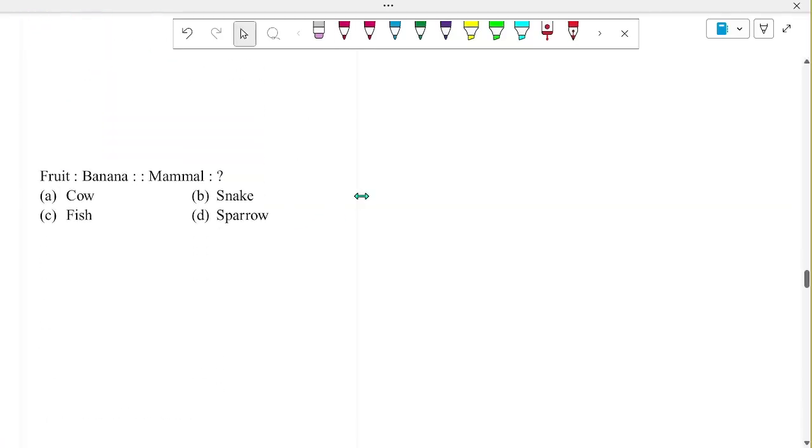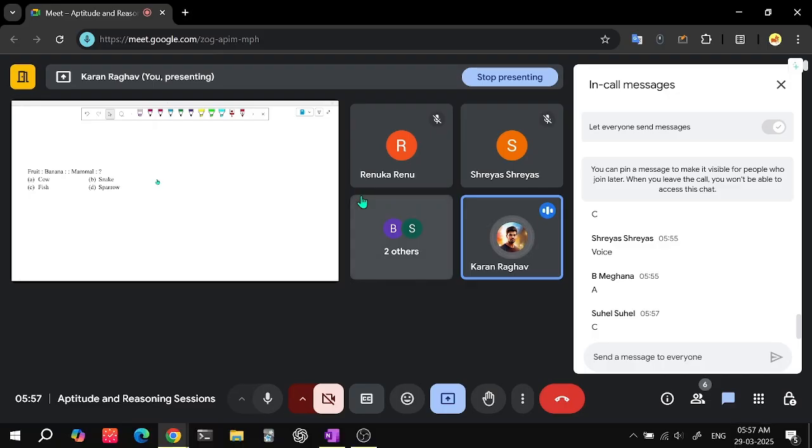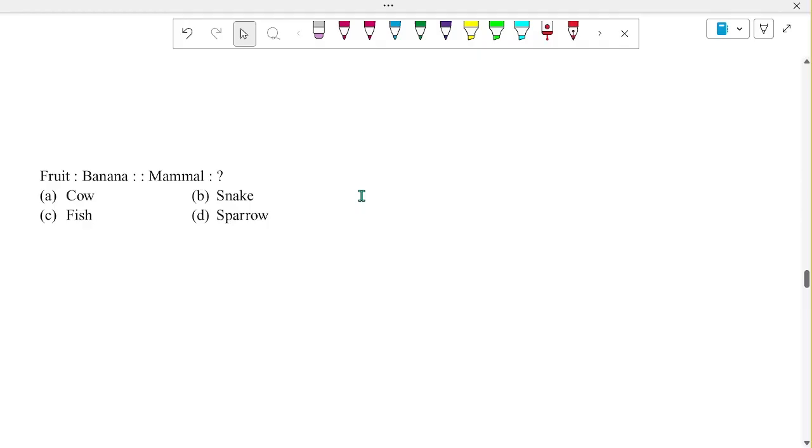Next, fruit, banana, mammal. What? Fruit is banana, mammal is what? Okay, Renuka says A. Yes, you can see fruit. Banana is a fruit.